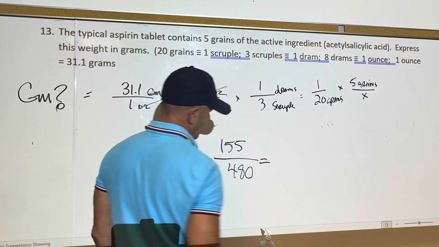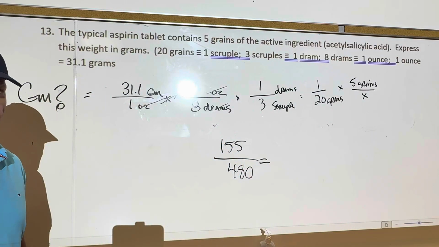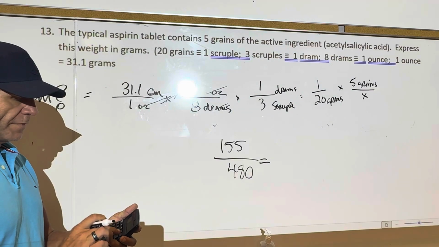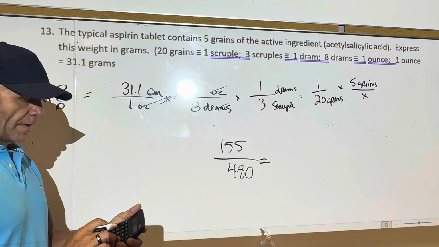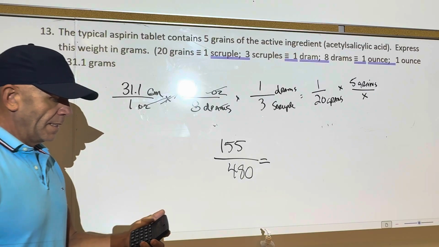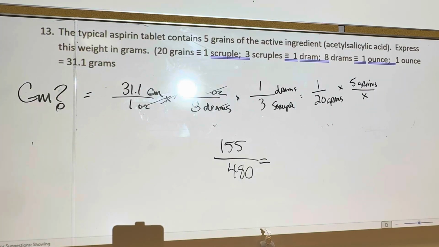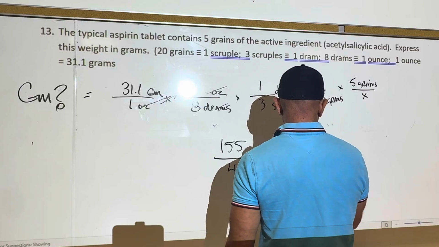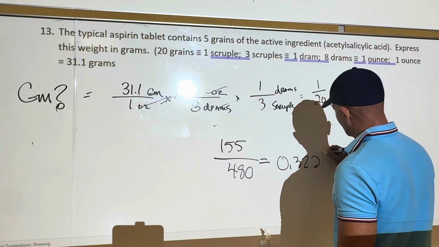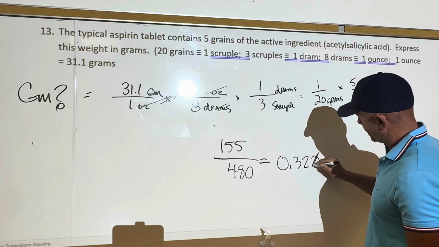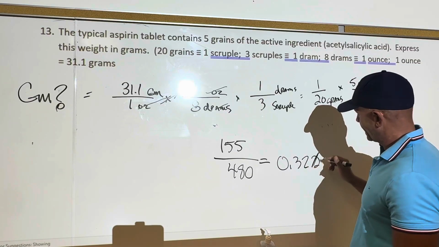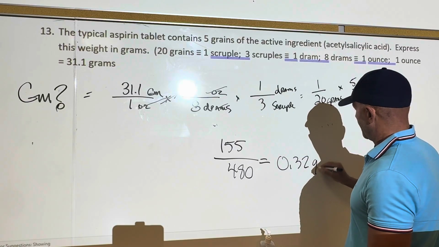Okay? Now we do what? How do we simplify that down? 155 divided by 480 equals 0.322, but we don't do anything with this because it's between 0 and 4, right? So we don't round up, we don't round down, we leave it just like it is. That gives you your grains.